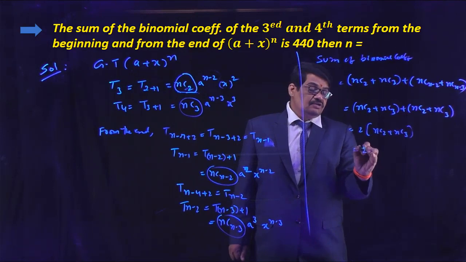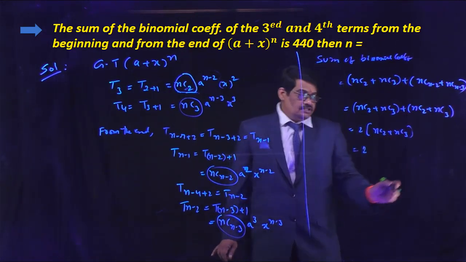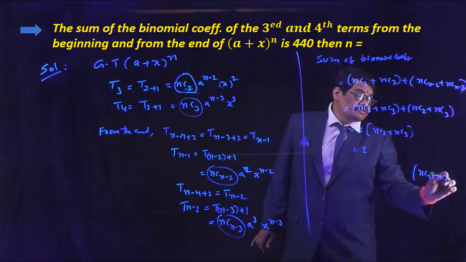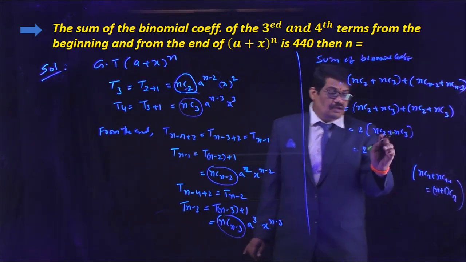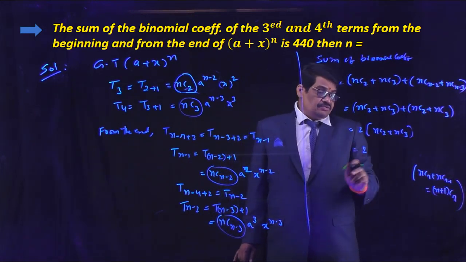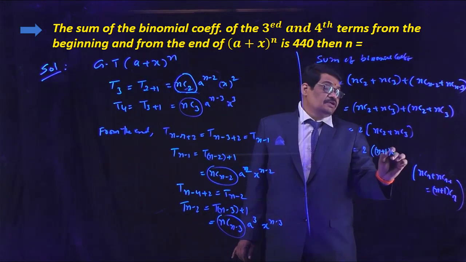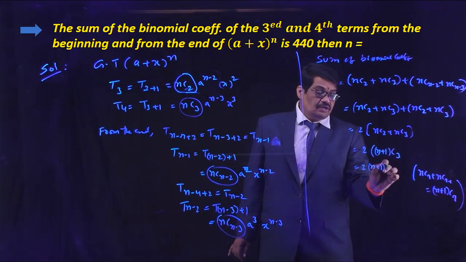Using the formula nCr plus nC(r minus 1) is equal to (n plus 1)Cr, here r is 3 and r minus 1 is 2. That is (n plus 1)C3. So that is 2 into (n plus 1)C3.